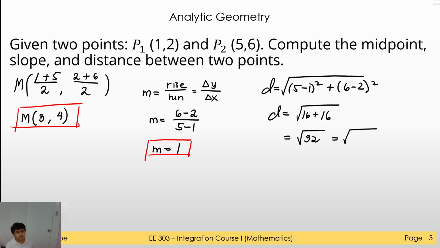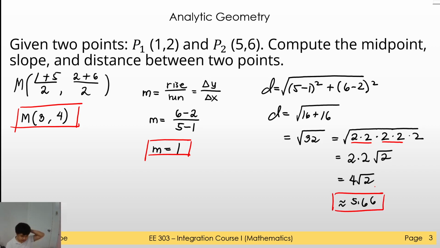So 32 has prime factors of 2, 16, so we have 2 again, and then 2 again, and then 2 again. So we have 8, 16, and then another 2. What we can do here is this will be just 2 squared, 2 squared. So this will be just 2 times 2, and then the square root of 2. Therefore the answer should be 4 square root of 2, or approximately 5.66. So this will be your final answer.